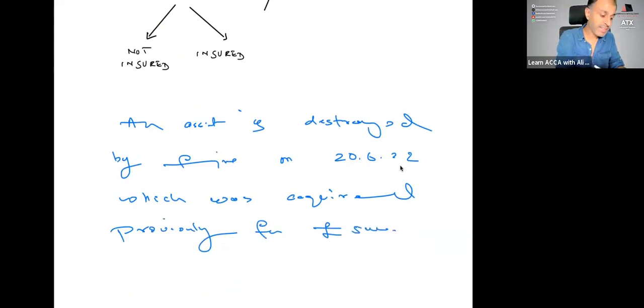Noticeably, the asset is not insured. An asset is not insured and destroyed by a fire on 20th of June 2022, which was acquired previously for £5,000.